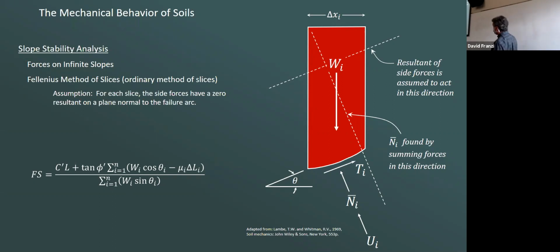That's what these numbers all amount to. I is sort of a counter. We're going to sum all these normal stresses, doing this operation for each slice until we reach n slices. That's just the summation notation.